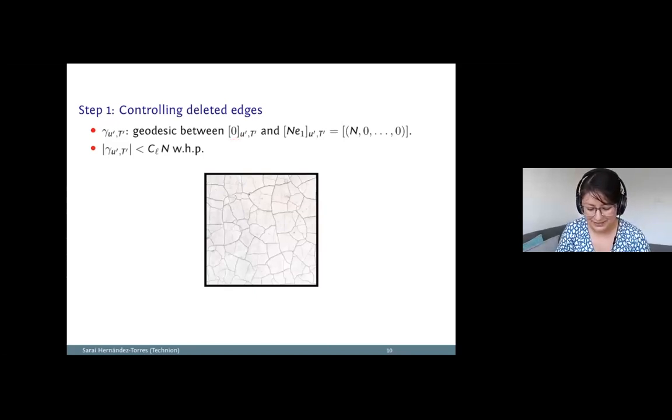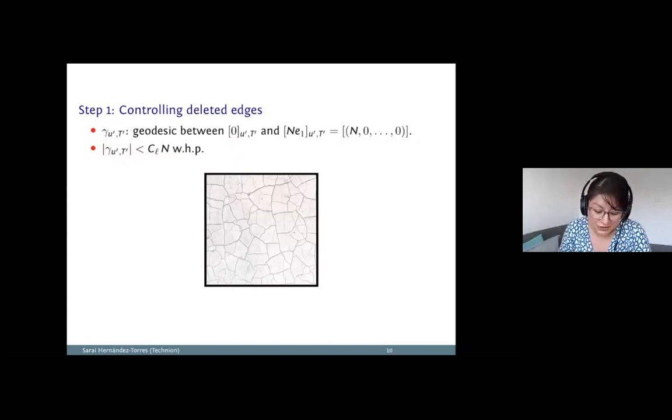So if I have here a geodesic between 0 and n times the vector e1, then I know that the length, which I denote here by these bars, is bounded by a constant that depends on the dimension and some interval around U, times n.